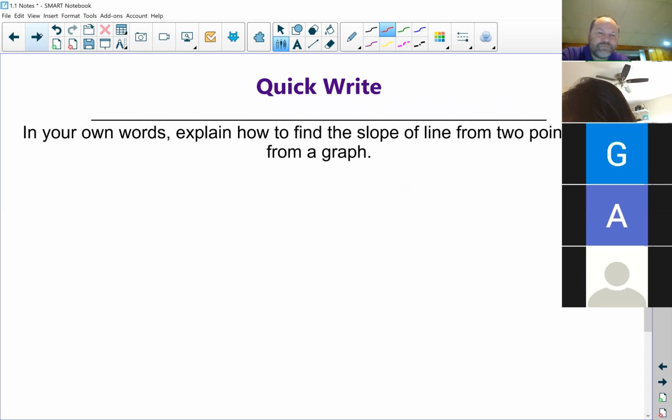So what I want you to do is take just a moment or two and write how you would find the slope from 2 points and how you would find the slope of a line from the graph. And I'll give you a couple of minutes to do that.